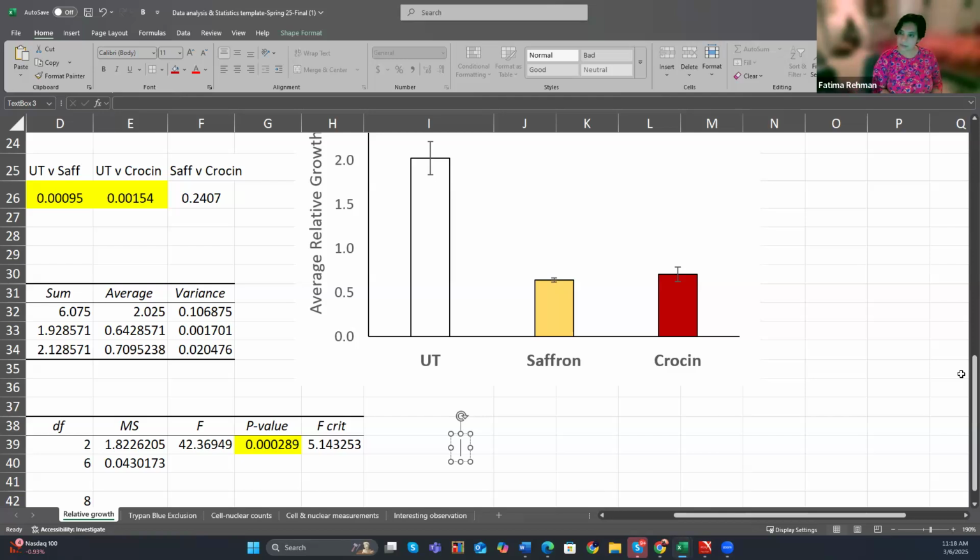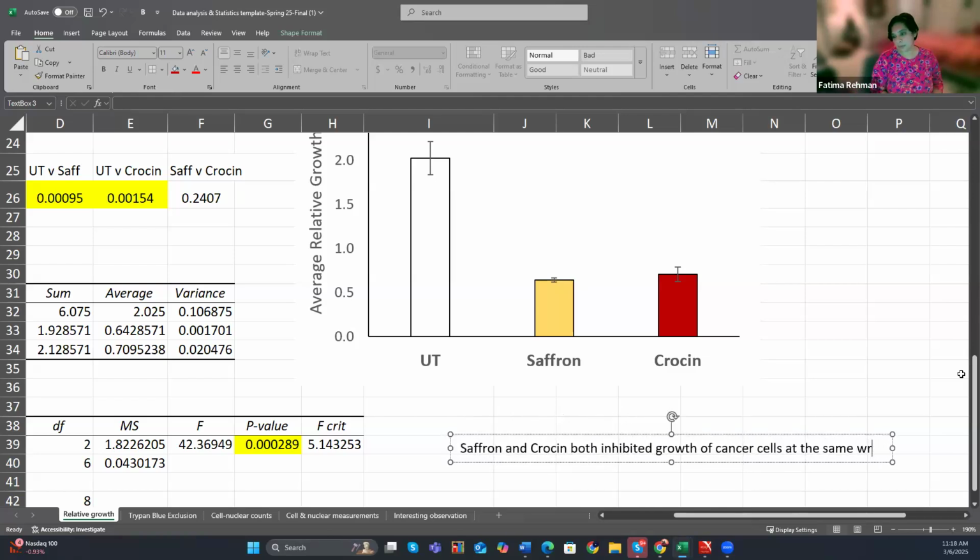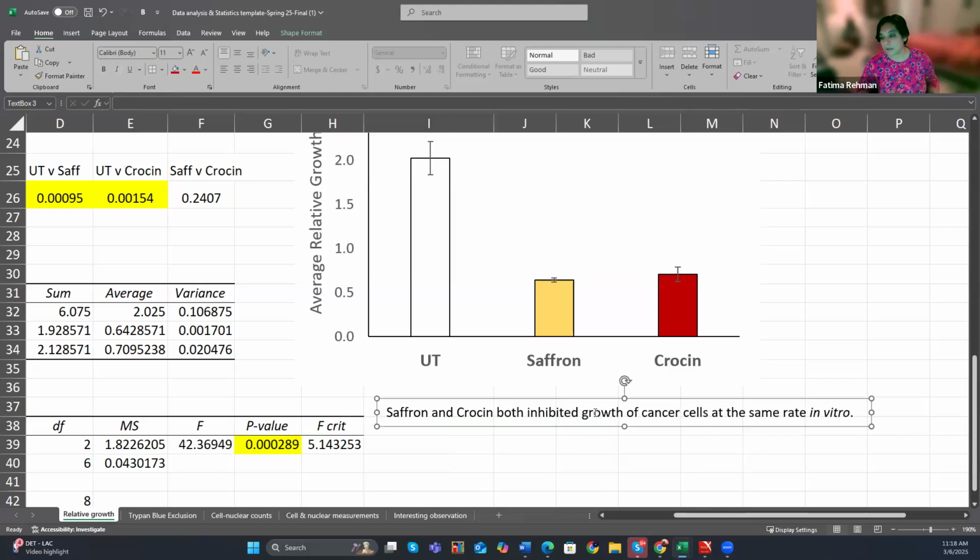Does that make sense? Something along those lines, right? And that will then take into account all the t-tests and the whole analyses and talks about both the saffron and crocin.